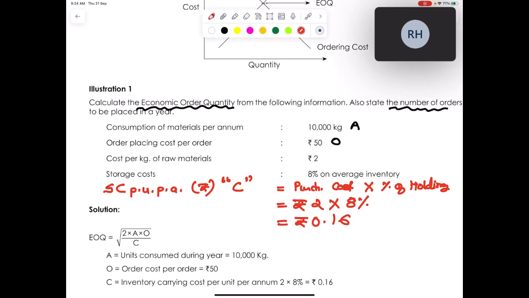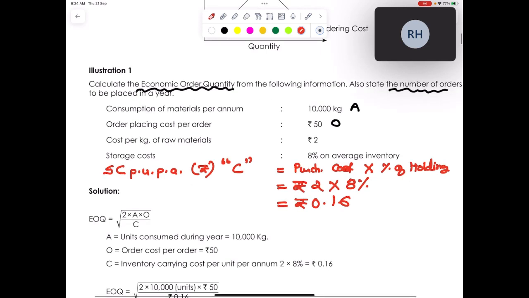To hold 1 kg of raw material for a year, we will have to incur 0.16 rupee on each unit stored in the warehouse. In other words, if you hold 1 kg of raw material for a whole year, you have to incur 16 paise. Now we will get the formula.